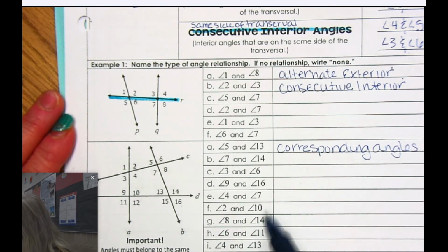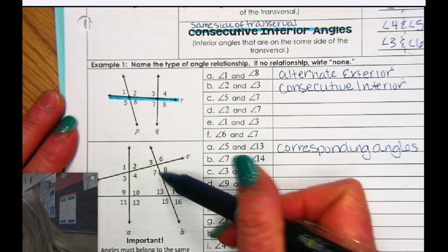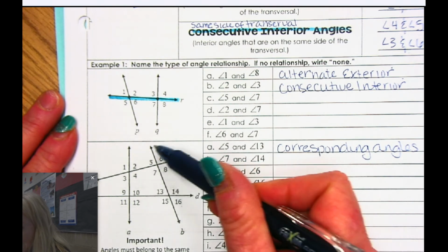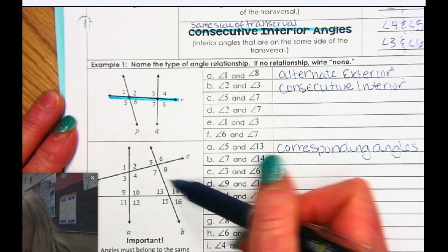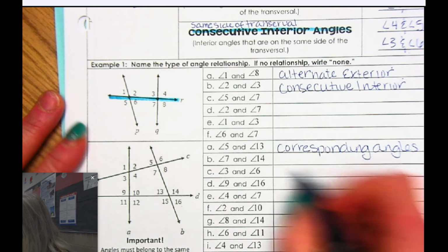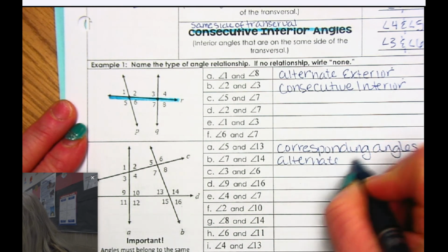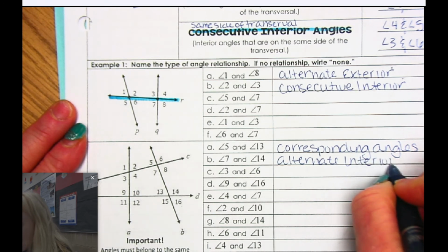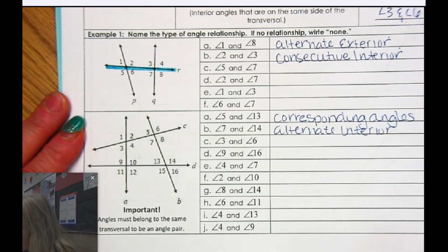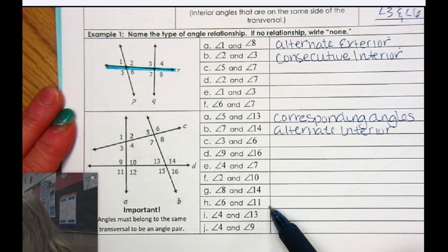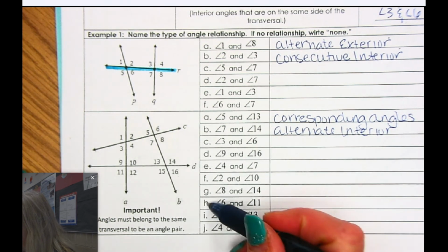And then, for instance, 7 and 14, those are alternate sides of the transversal, and they're on the interior of the two lines. So 7 and 14 are going to be alternate interior angles.